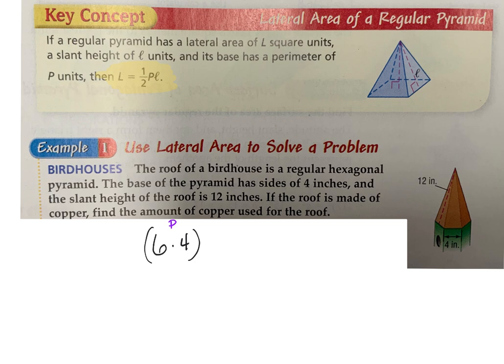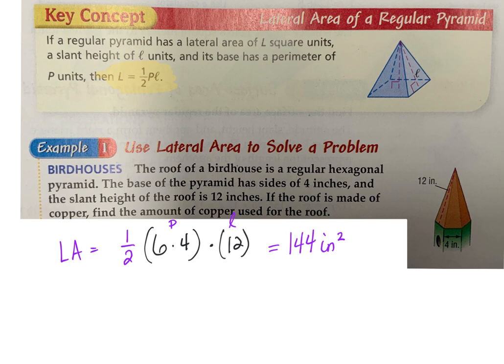My slant height, they told me that. What is my slant height? 12. All right. And then I'm going to take that and multiply by 1/2. So the lateral area of this is going to be 1/2 perimeter, which is 6 times 4, times 12. So I'm going to get 144 square inches of copper needed for this.